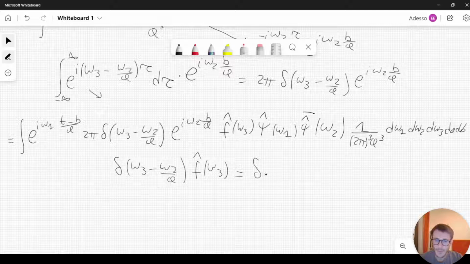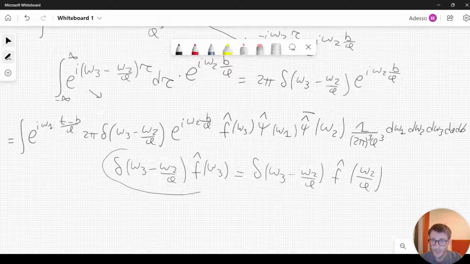This is also equal to delta of omega 3 minus omega 2 over a times f hat of omega 2 over a. So I'm using a simple property of the Dirac delta, and in particular I can always evaluate a function which multiplies the Dirac delta at the point at which the Dirac delta is located.